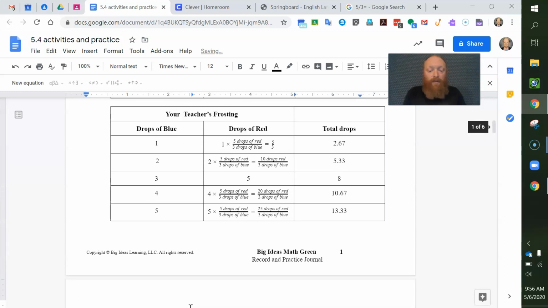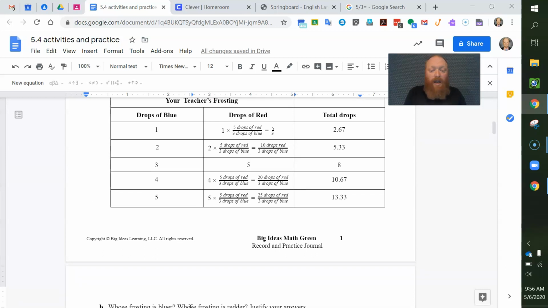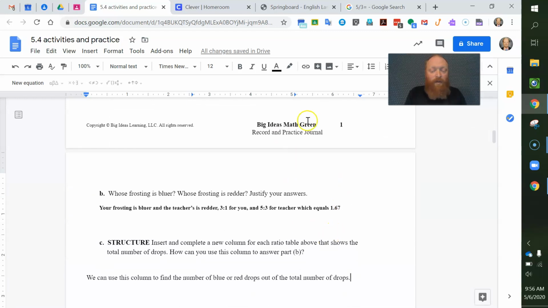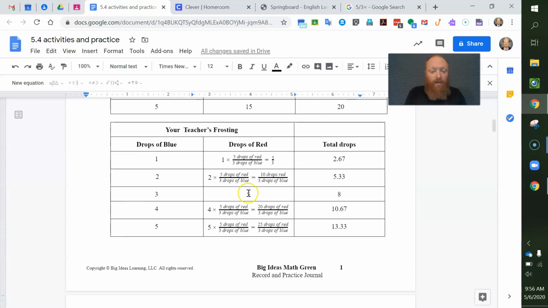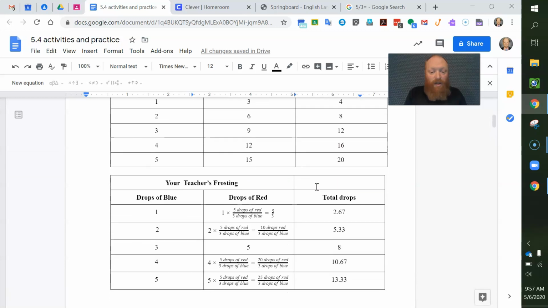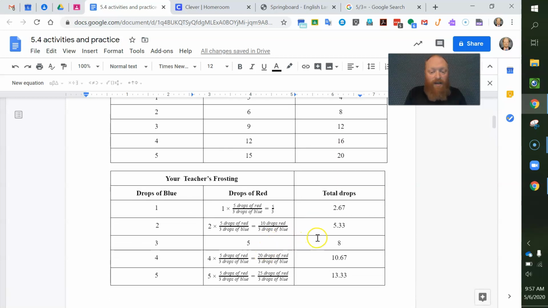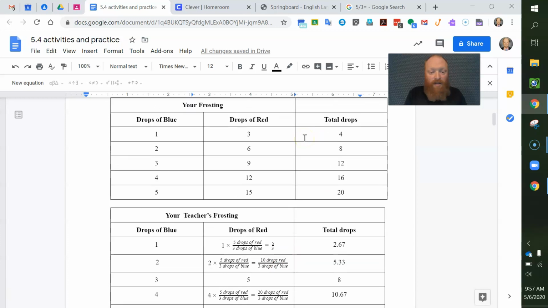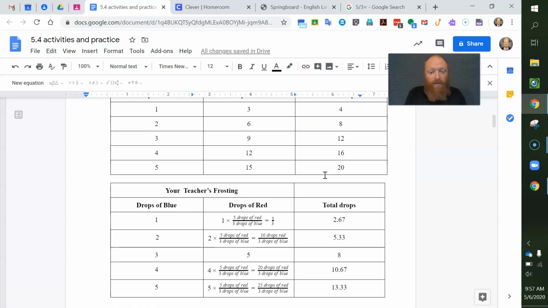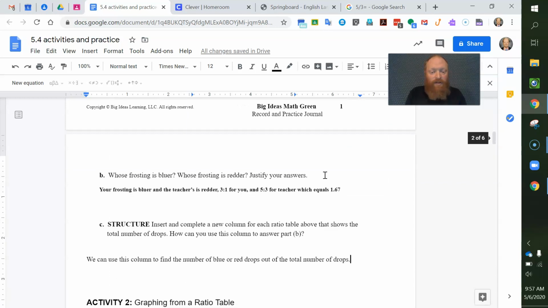So, for example, let's look at this one, teacher's, 3 and 5 to 8. So for this here, we have a ratio of 5 to 8 for red and 9 to 12 for your frosting.